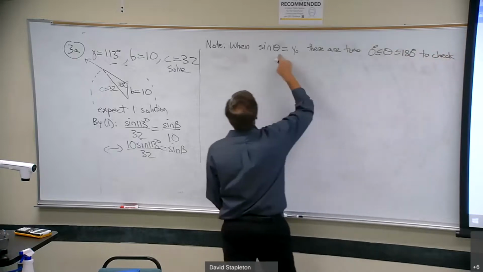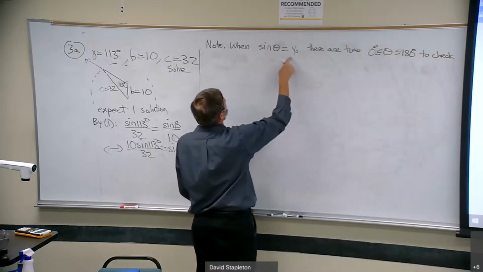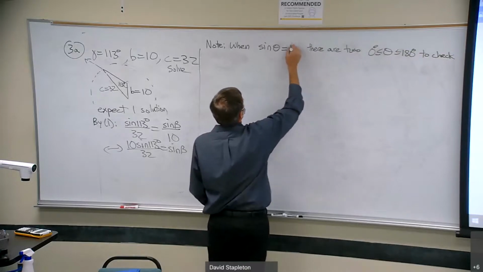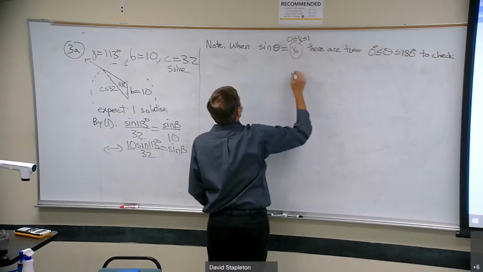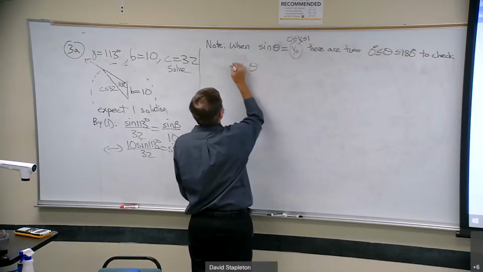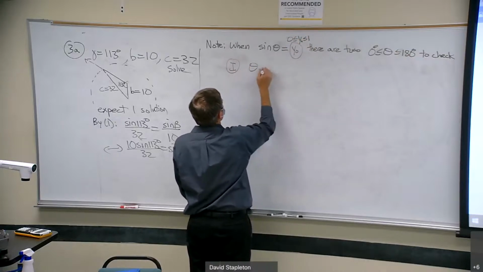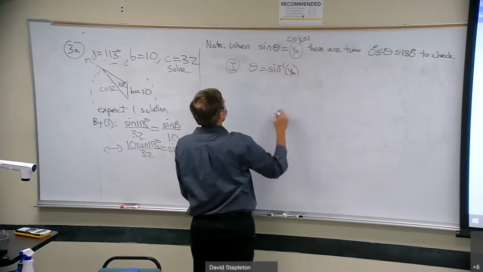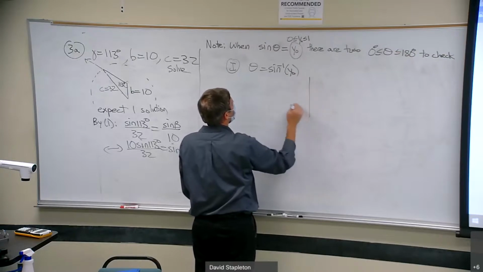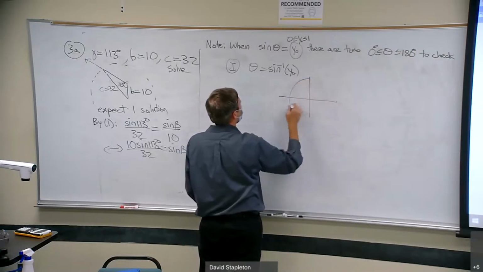One of them, you know, always is the inverse sine, right? If sine beta equals a number between 0 and 1, otherwise there's no solution, right? One solution is beta equals the arc sine. What's the other one? Draw the picture and remind you.